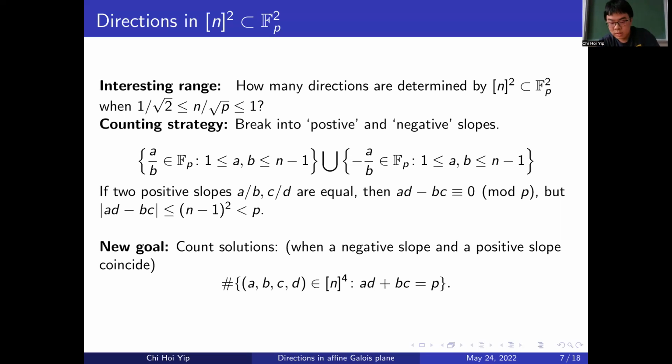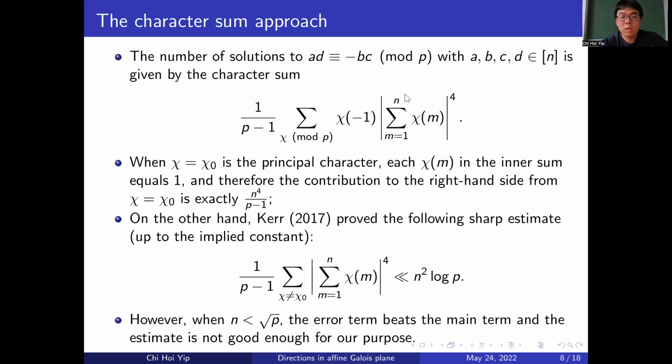Bilinear Diophantine equations are well studied, and typically to count the number of solutions, we use character sums. Basically we want to convert this problem into estimating a certain character sum. In this case, we have AD congruent to minus BC modulo p.